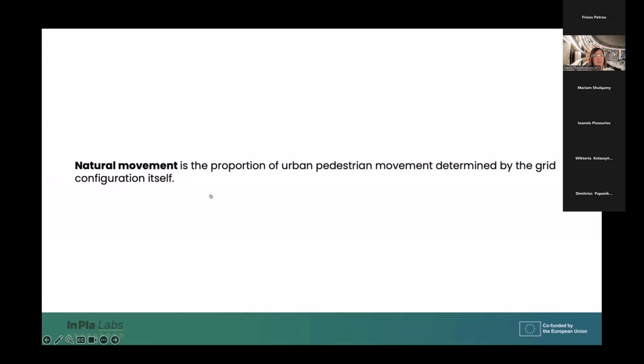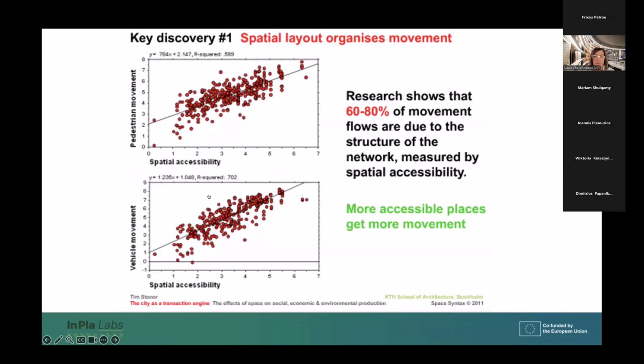So natural movement, what space syntax calls natural movement, is the proportion of urban pedestrian movement determined by spatial configuration. Now, to what extent configuration organizes movement?